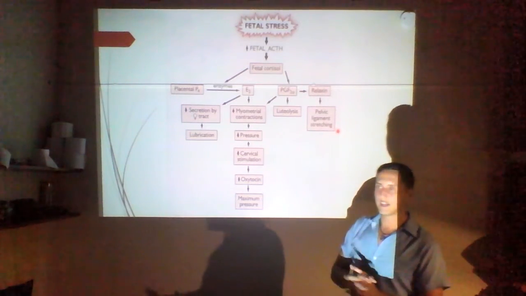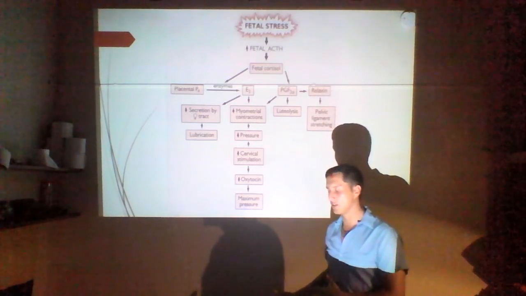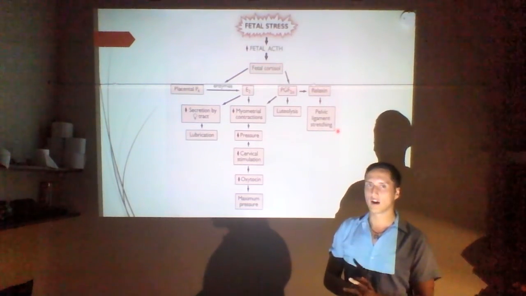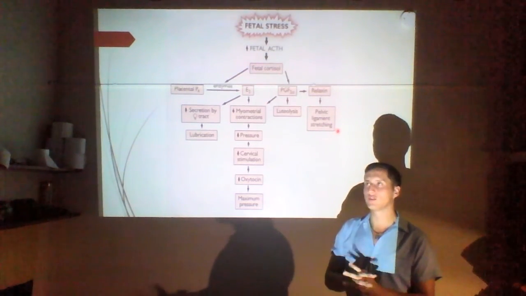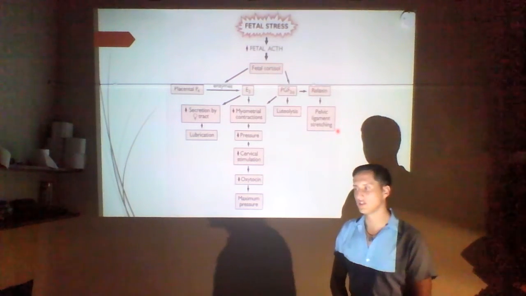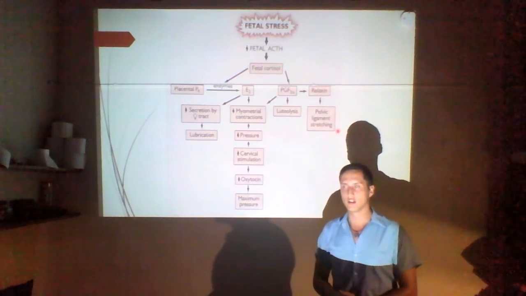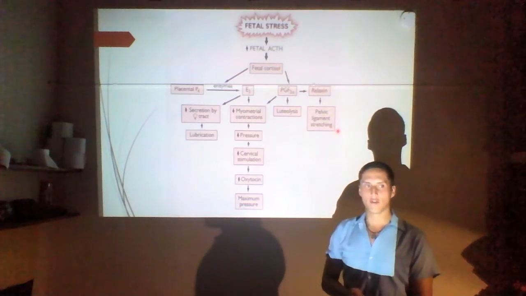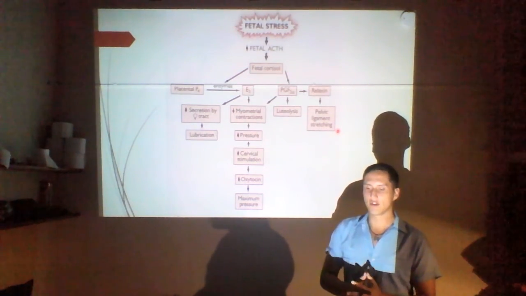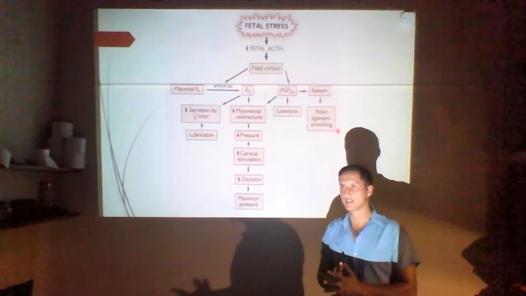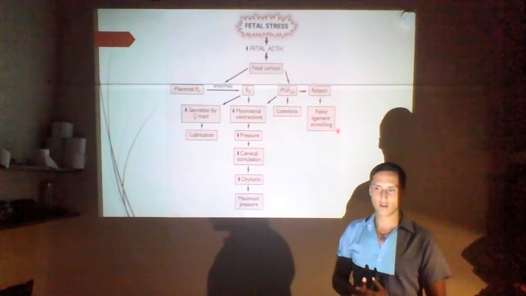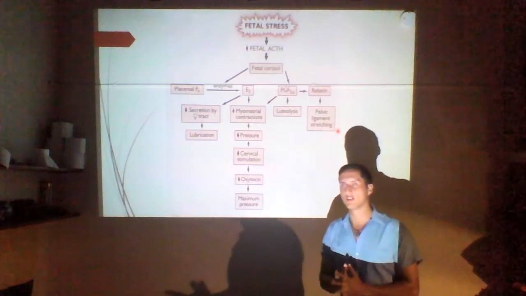So after this, the new neonate is going to be born, and then we are going to have the first lactation, which is called colostrum, and this colostrum is really important for the neonate, because it contains all the defenses that the neonate needs.